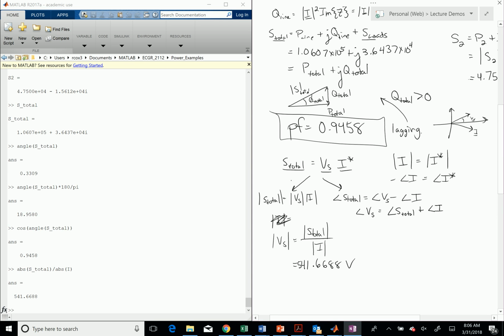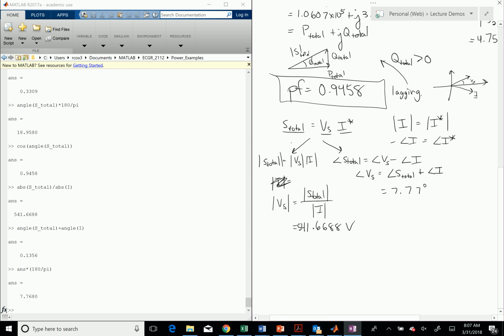And I get that this angle, all right, so I do angle of S total plus angle of I, I take that final result and multiply it by 180 over pi to convert to degrees, and I get the angle of Vs is equal to 7.768 degrees. I'll round that to 7.77 degrees.